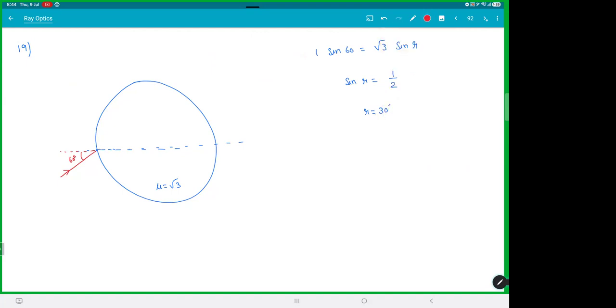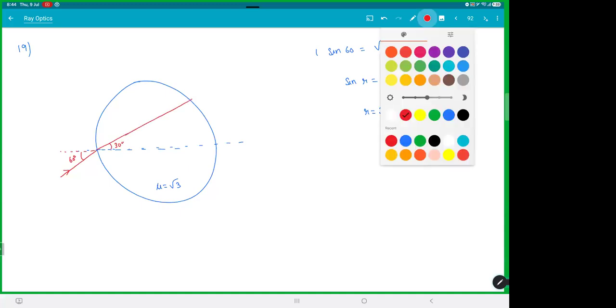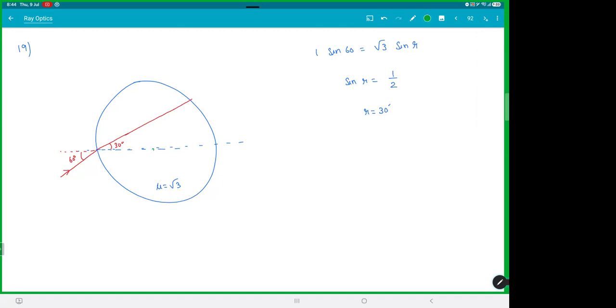So this light ray would enter here at 30 degrees. And then it will hit the surface somewhere here. So this would be the normal again. You can clearly see this is radius r, this is also radius r. It is an isosceles triangle. So this also has to be 30 degrees.